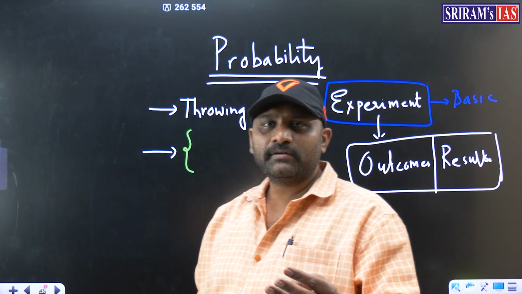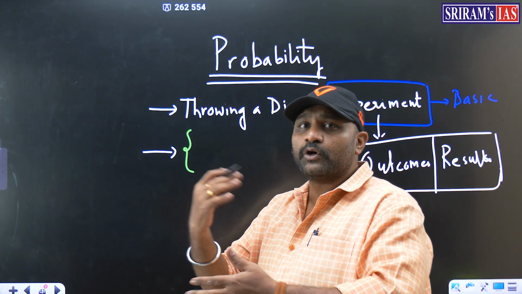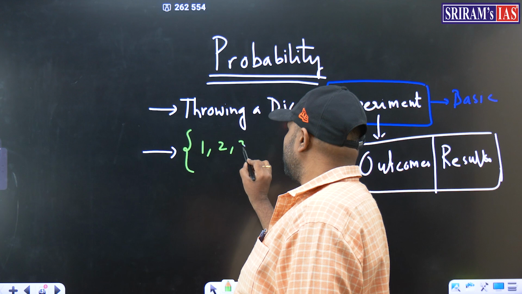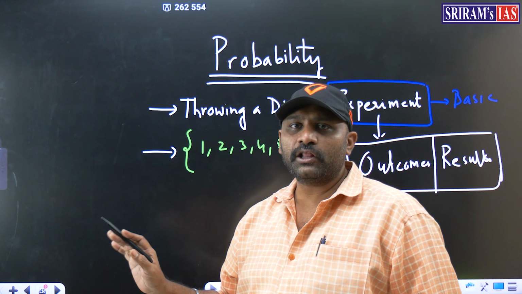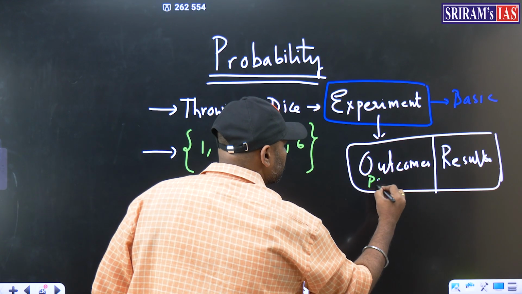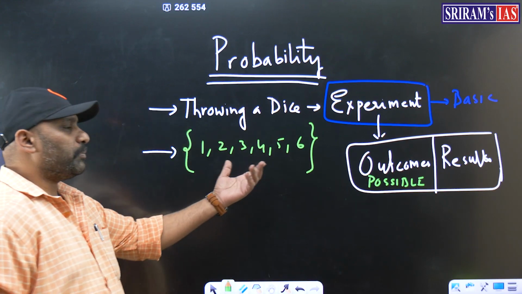You can get a 1, a 2, a 3, a 4, 5, 6. Any of those can come as our answers. So 1, 2, 3, 4, 5, 6. These are all the possible outcomes.